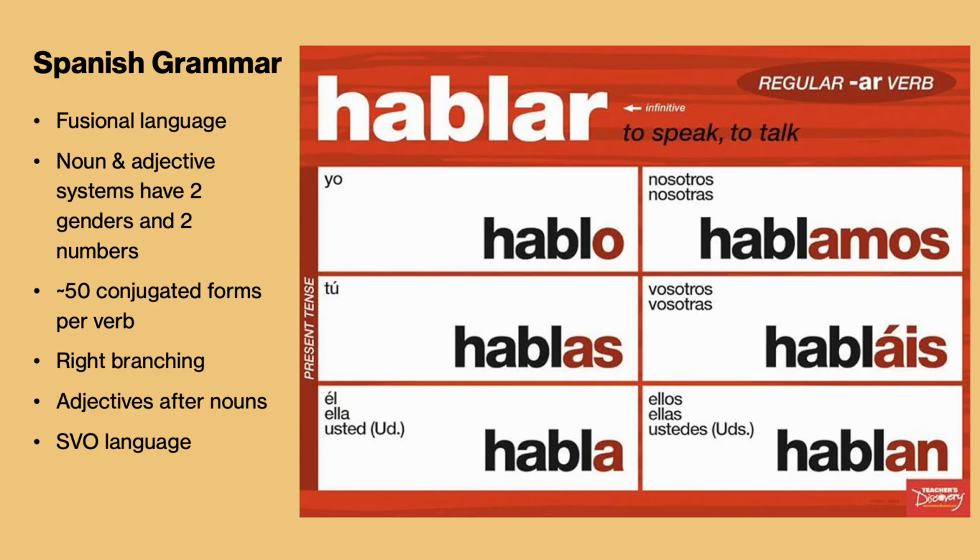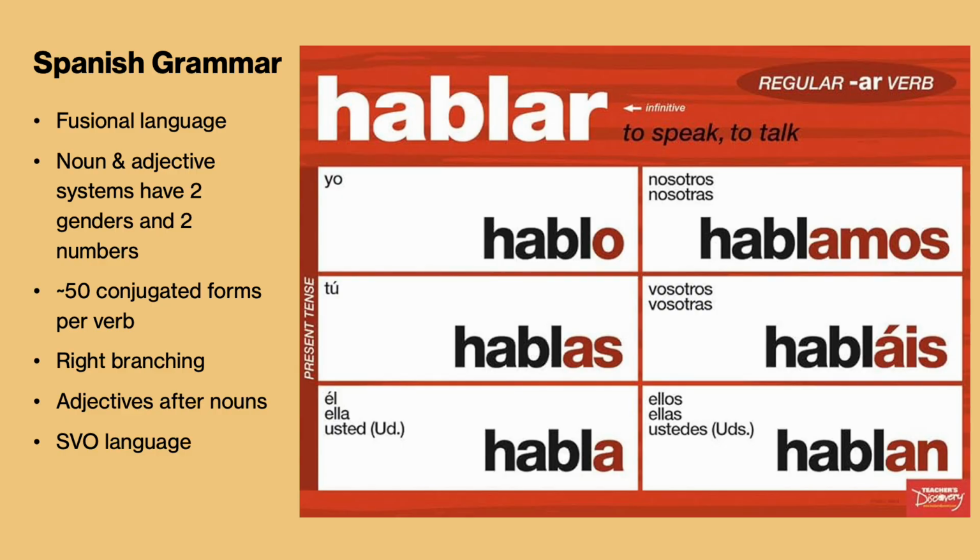But Spanish is a fusional language. It's an inflected language. It uses single inflectual morphemes to denote multiple grammatical and semantic features. The noun and adjective systems have two genders, both masculine and feminine, and two numbers, so it can either be singular or plural.